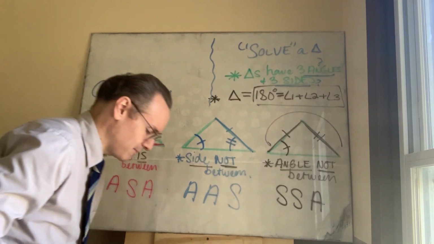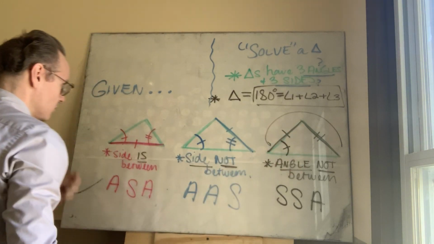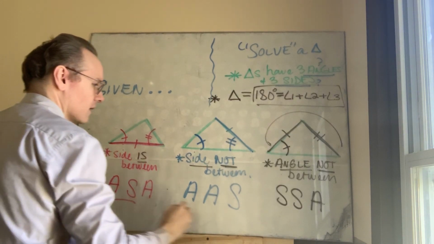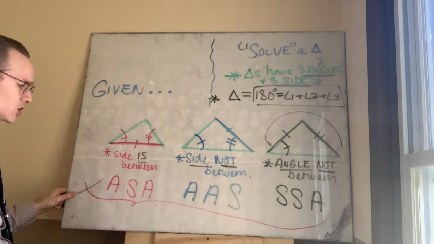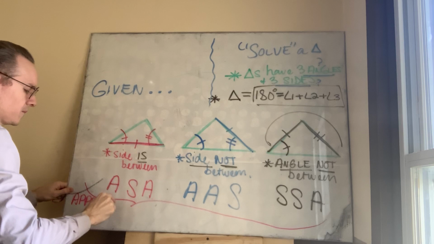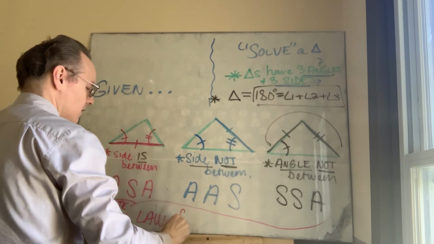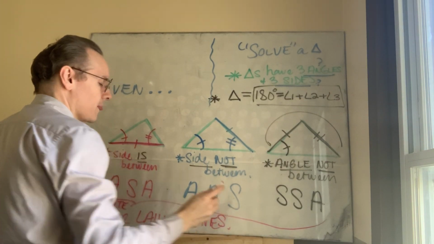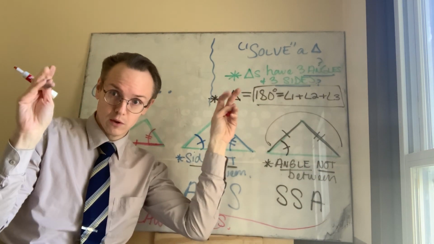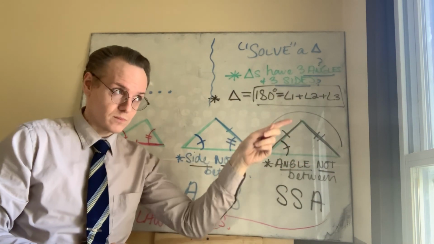Anyhow, why am I bothering you with this? Because if you can identify one of these three situations, it would be appropriate to use law of sines, as opposed to law of cosines, which I am reserving for Thursday, because that is section 10.2.